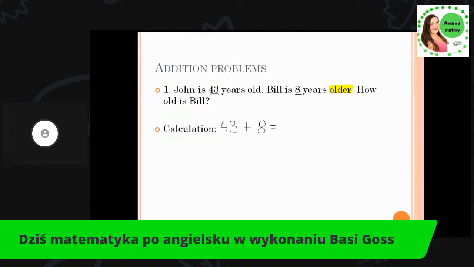In the comments I can see a few good answers, and the answer is 51. How can we check if this is the correct answer? What are we going to use to check? I'm waiting for your comments.